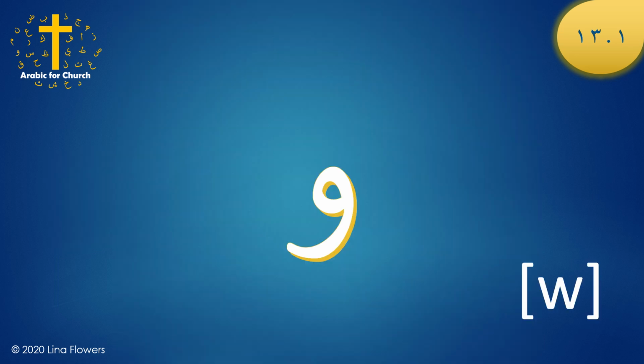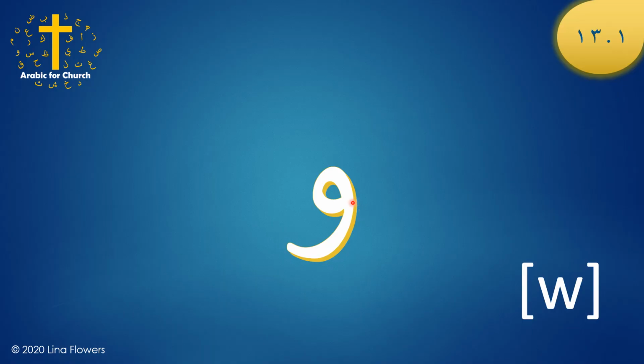The second last letter we're looking at is the letter Waw. This is what it looks like. The end of Waw looks a lot like the letters Ra and Zai in lesson 1.5, in that they go down, they touch the line for a bit, and then go up just a little bit.